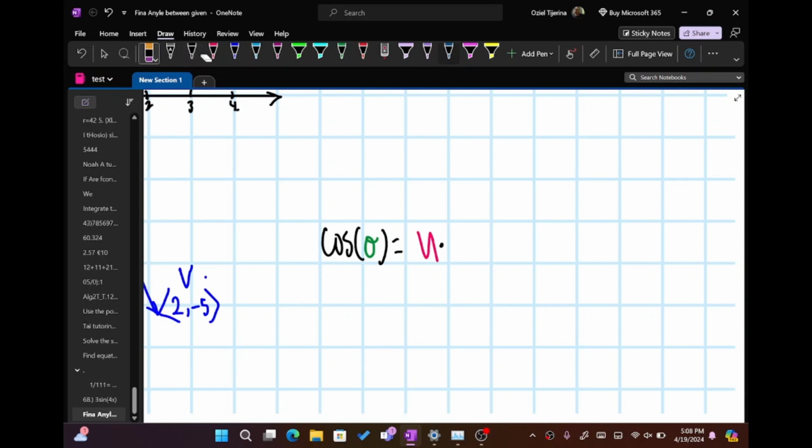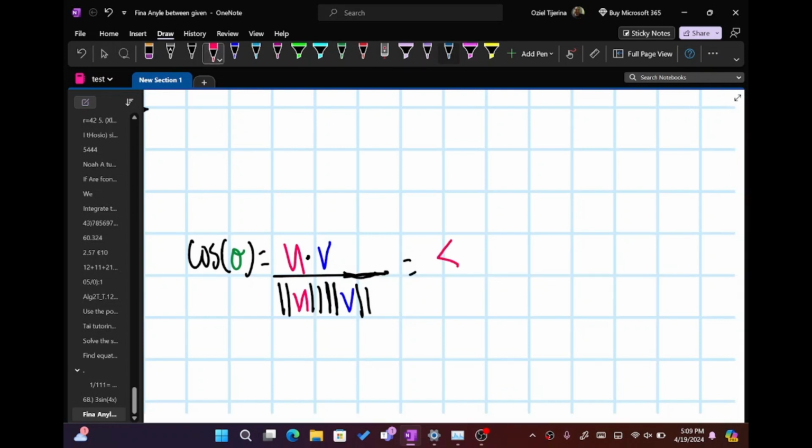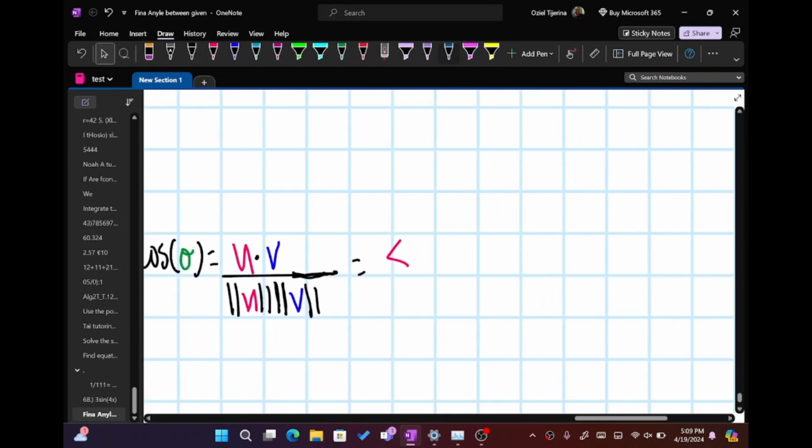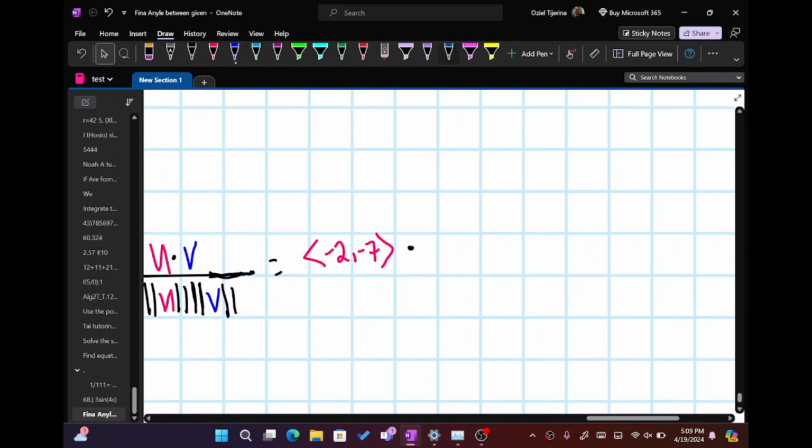hold on guys, hold on. Alright guys, so we're just going to do the dot product of u and v, so u is -2, -7, dot v, so dot the other one, which is 2, -5, right? It's the other one.